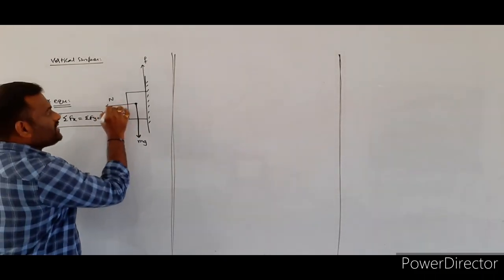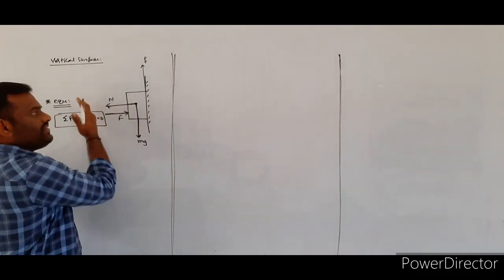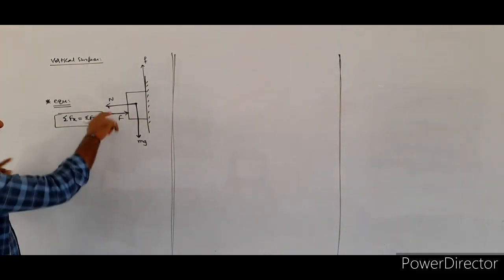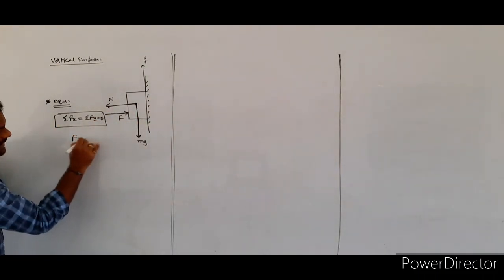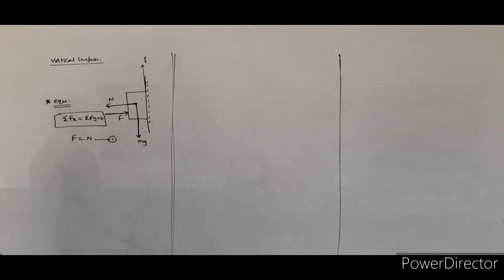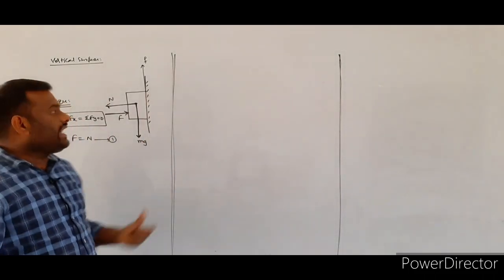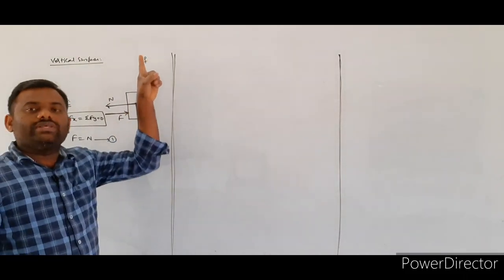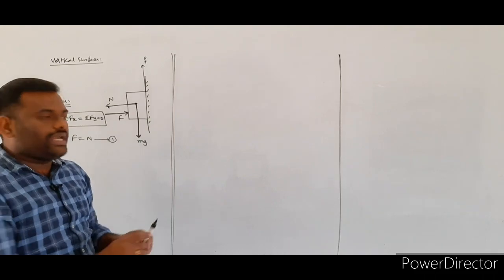So the normal reaction is always acting perpendicular to the surface of the contact and applied force will be along the positive x-axis. From this we will write applied force is balanced by the normal reaction. Next, along the y-axis, the weight of the block is balanced by the frictional force. Why the frictional force is acting in the upward direction?